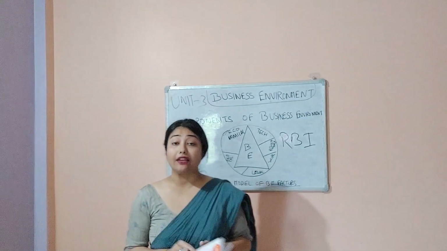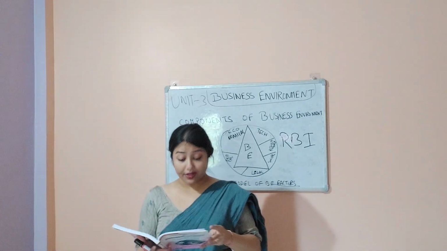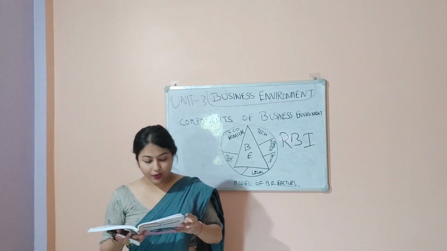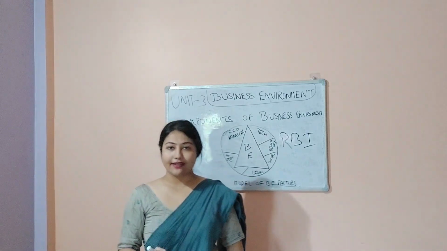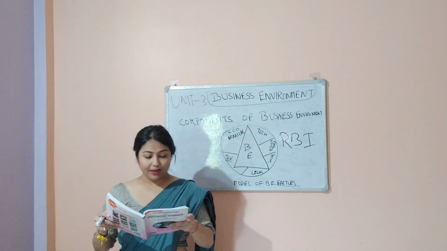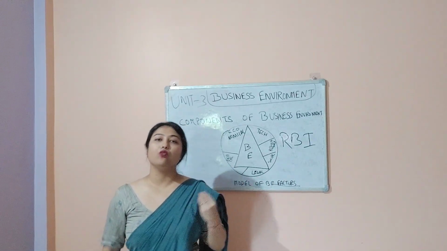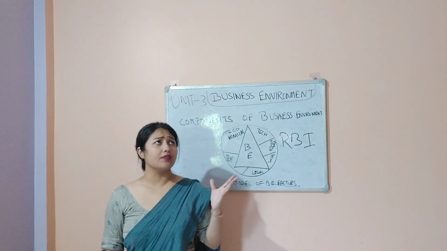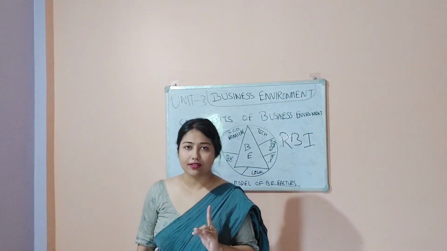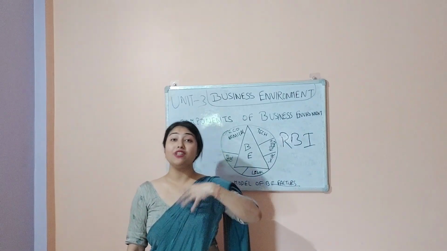Now comes the legal environment. Legal is the same as political frameworks, or you can say regulatory framework. So the regulatory framework also covers fair trade practices and tax. Suppose the tax structure says we will rebate up to this income slab, I think 12 lakhs. So there is an increase in money flow.